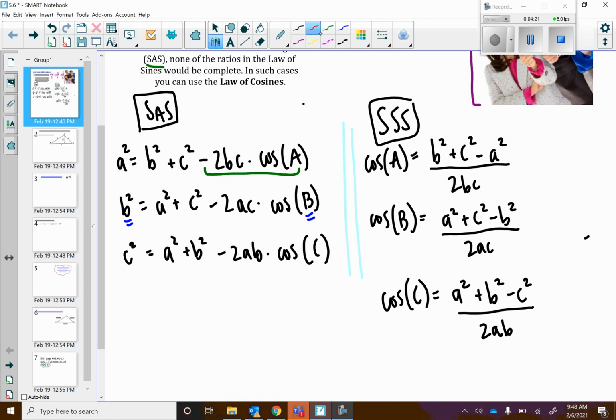Notice, again, if we're looking for patterns, the angle that we are interested in is the odd one out, like the side that is being subtracted, also the side that is not included in the denominator. These six formulas are all on your formula sheet, so please don't feel like you need to memorize these. You just need to be able to use them.